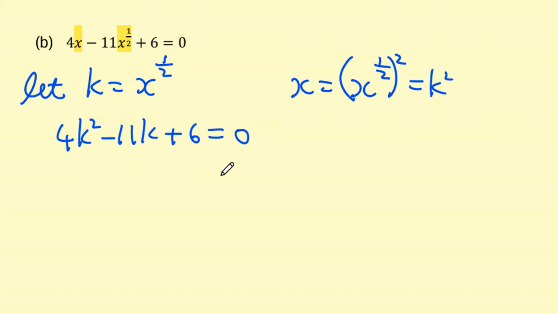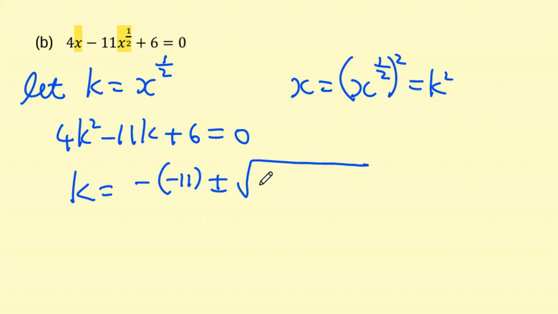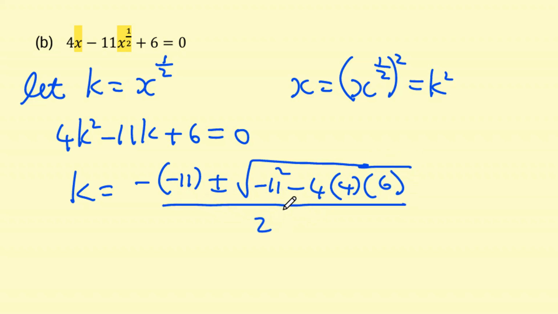We can use either factorization or the quadratic formula here. And I'm going to use the quadratic formula. So k is equal to minus b plus or minus the square root of b squared minus 4 times a times c, and this is all over 2a. So a negative times a negative is a positive.